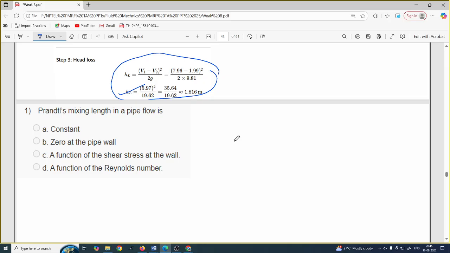Okay, so next question is, the Prandtl mixing length in the pipe flow is constant, 0 at the pipe wall, a function of shear stress at the wall, a function of Reynolds number. The Prandtl mixing length is the function of what?